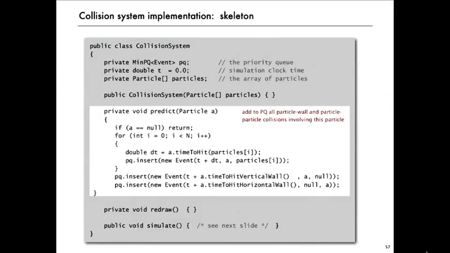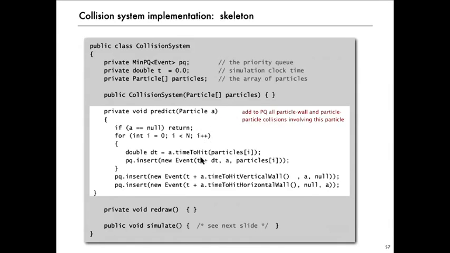And then here's the skeleton of what's going to happen with the collision system. The key thing is this prediction method that takes a particle as argument and adds to the priority queue all the possible collisions involving this particle.